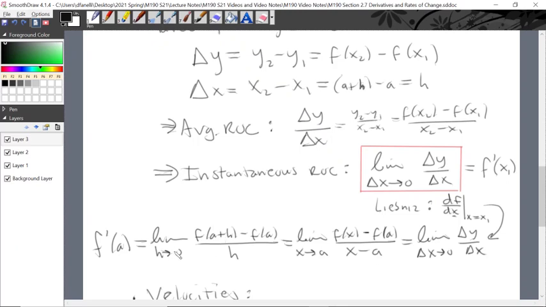Same result we would have had over here. If you plugged 0 in for h over here, you're going to get f of a minus f of a over 0. So you're going to have 0 over 0. Right? So you're going to have to remove the discontinuity. And if we do that and we have a continuous function as the result, then we're allowed to plug the value in. So we're going to be plugging a into this after removing the discontinuity. So ultimately this will just be a number.